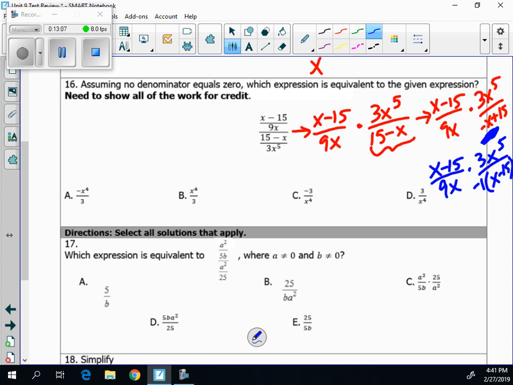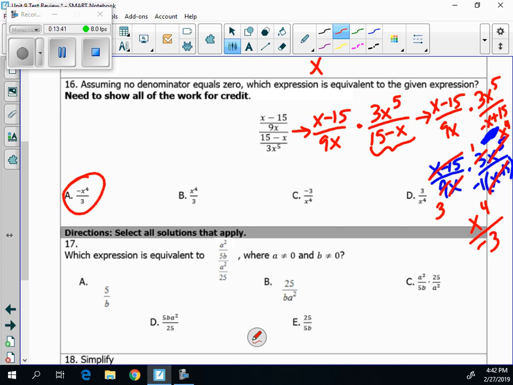So you have x minus 15 over x minus 15. Those factors will cancel. We have 3/9, reduces down to 1 over 3. And we have x to the 5th over x to the 4th. So it looks like a mess, but what it comes out to is x to the 4th in the numerator over negative 3. You can move the negative up to the numerator, and you get a.